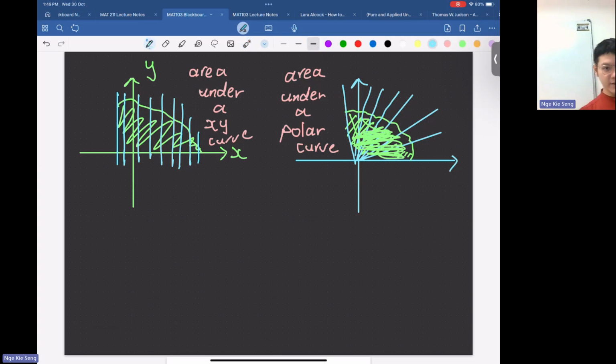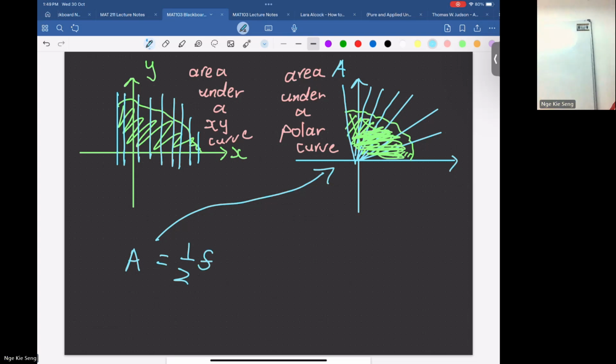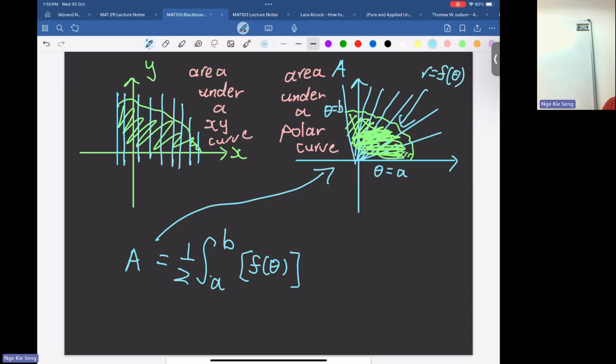Let's refer to this A here as the polar A. So this A should be half of the integral, let me write it down first without deriving it, from a to b, where a is the starting angle and b is the ending angle of your polar curve, of r equals f theta squared d theta.